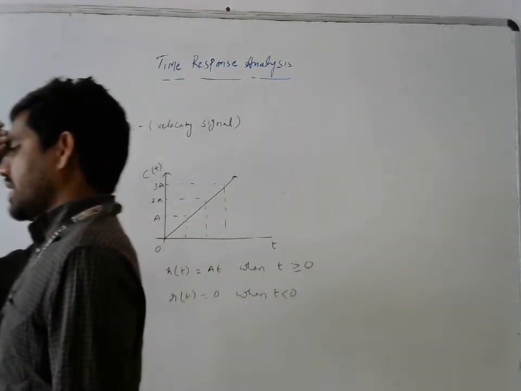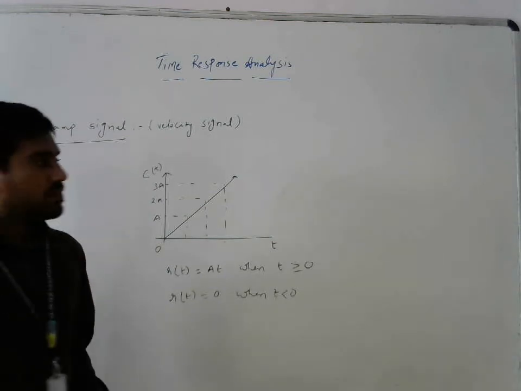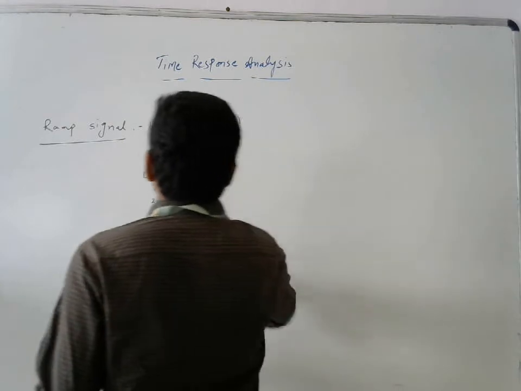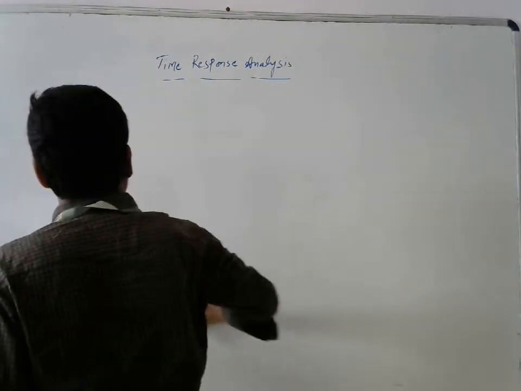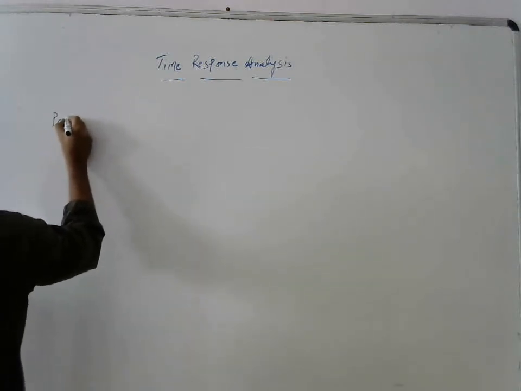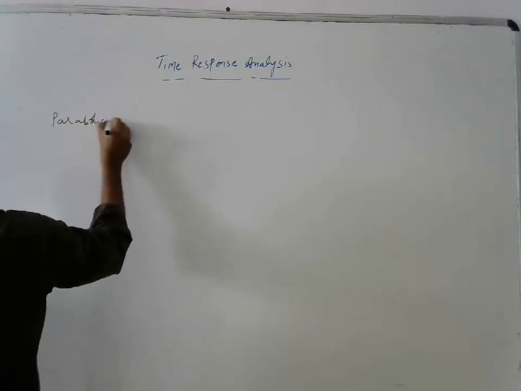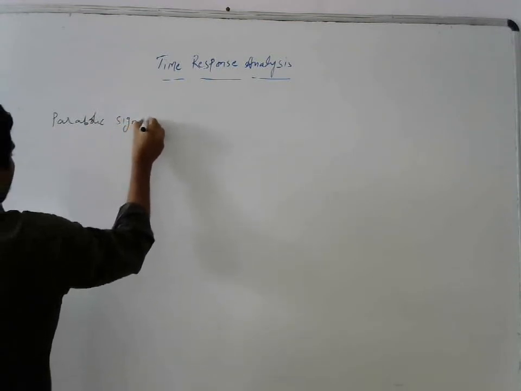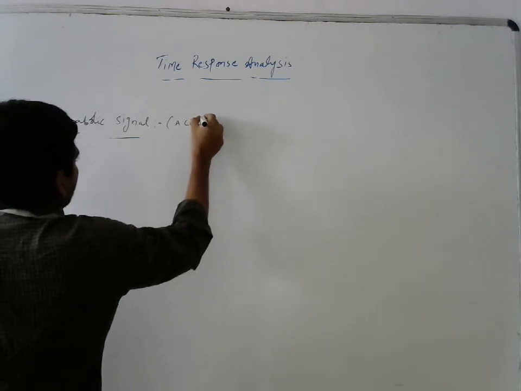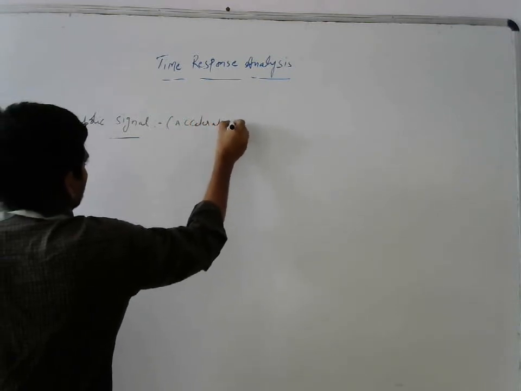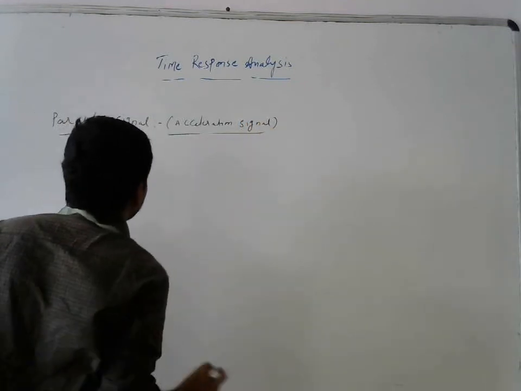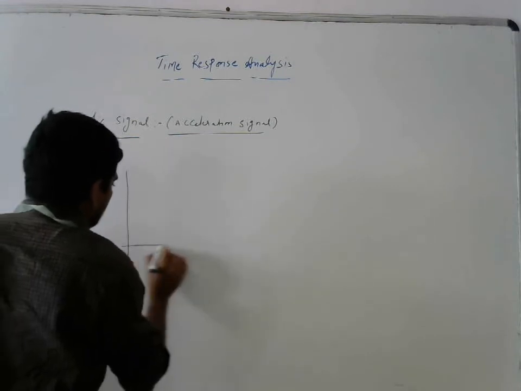Next one, we are having a parabolic signal. Next signal is a parabolic signal, which we also call an acceleration signal.